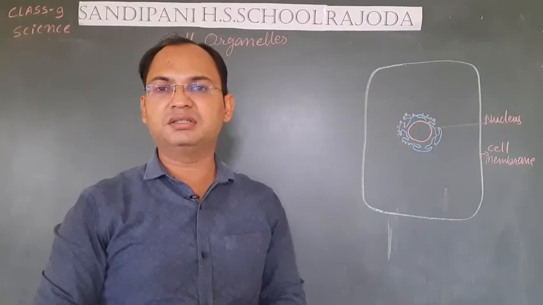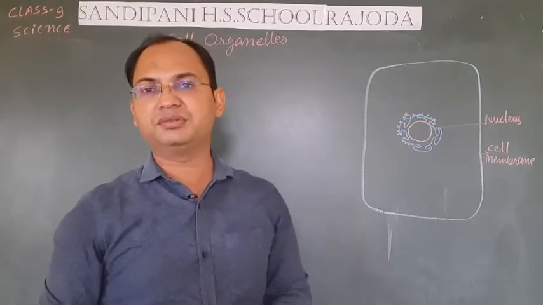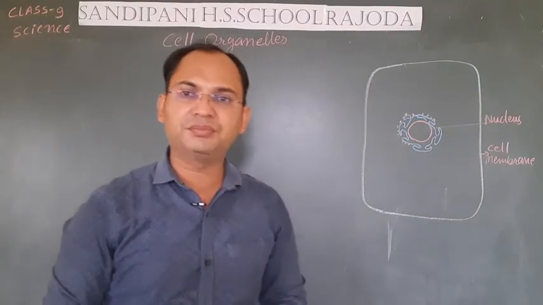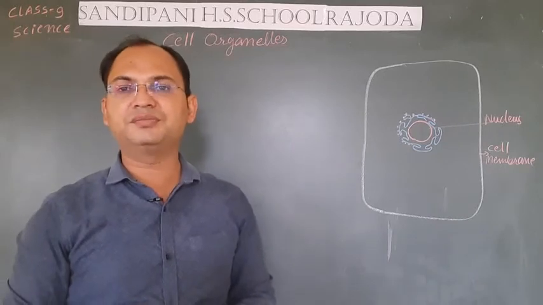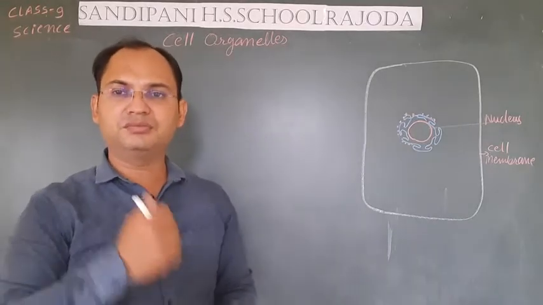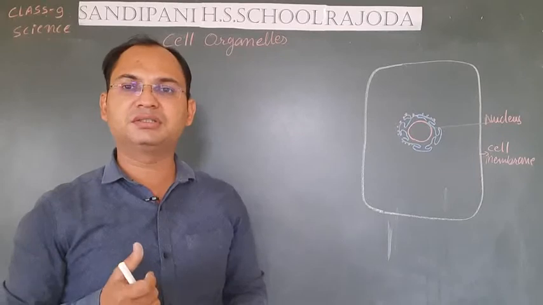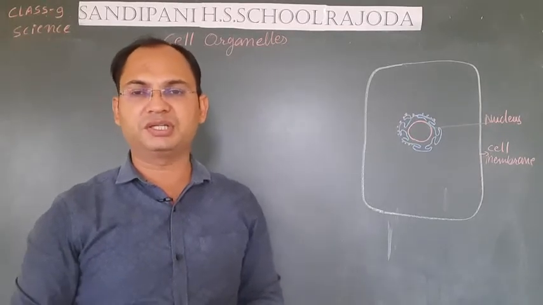That is why that endoplasmic reticulum is known as rough endoplasmic reticulum, and the rest of the endoplasmic reticulum which does not have ribosomes on its surface is known as smooth endoplasmic reticulum.